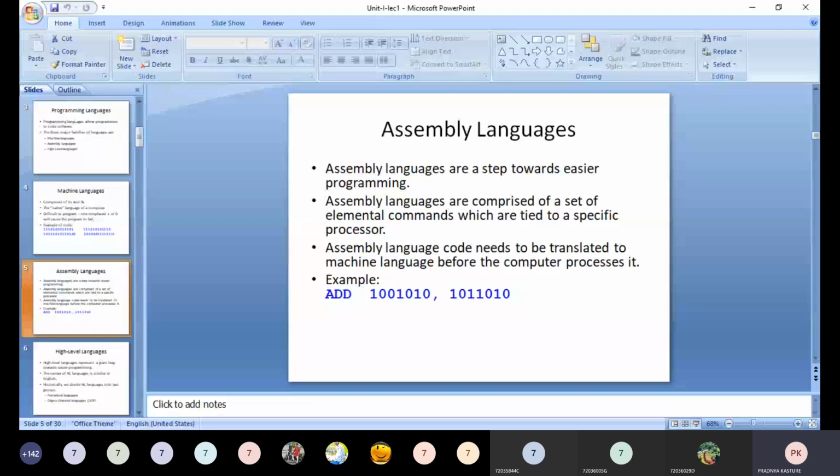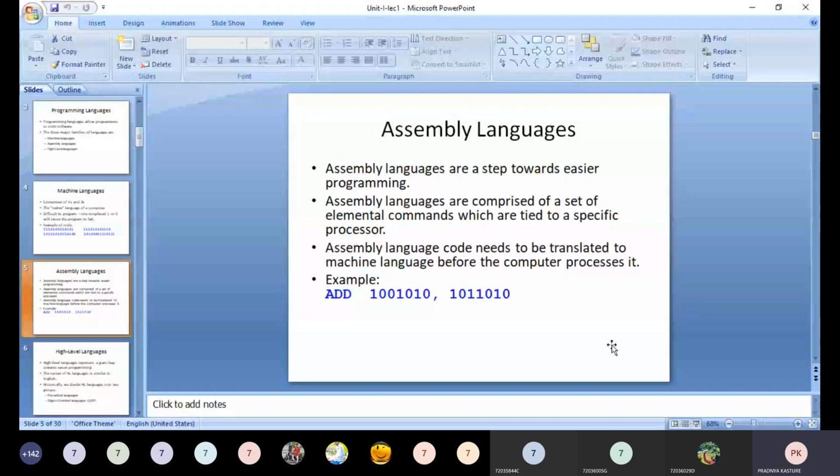So different operations are done with the help of mnemonics and instructions. For example, an add instruction is given, but we have to give the operands as well. Before going for the operands, we must know the different registers of that instruction set. Suppose an add instruction is there and we are going to add the register contents, the instruction becomes add R1 comma R2 if the registers are represented by R1 and R2. Likewise, assembly language is there.